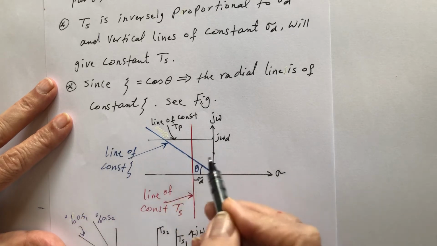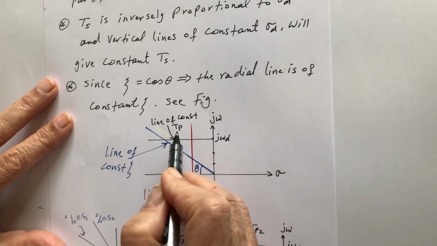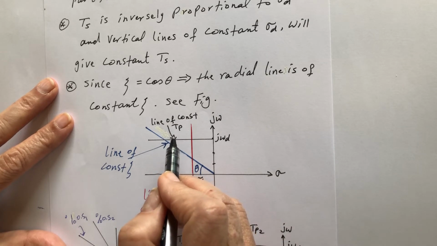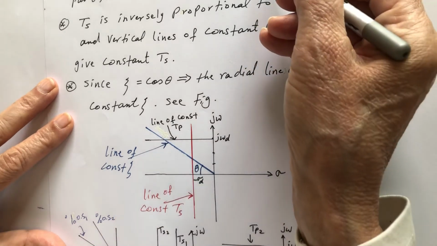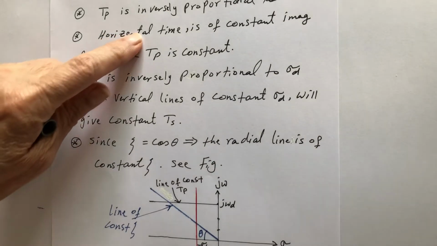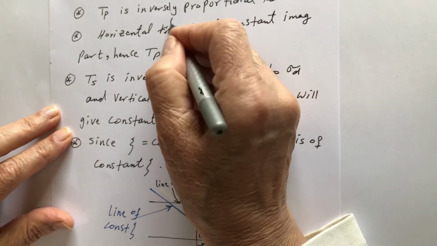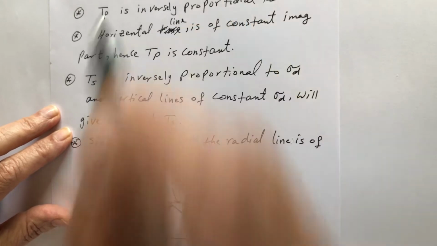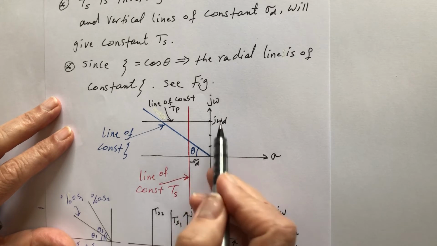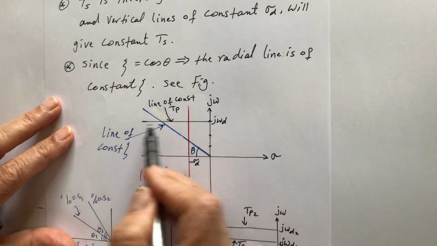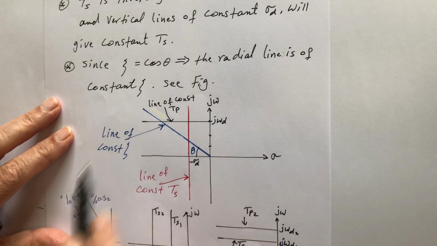All along this straight line we have j omega d constant, right? So Tp is the same. This is the horizontal line we are talking about. Actually, let's say not time, line. In this horizontal line, omega d or j omega d is the same, and then Tp here is the same. So this is a line of constant Tp.